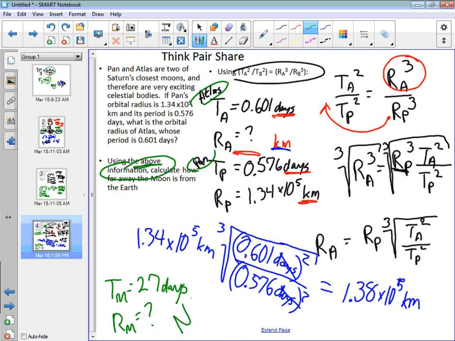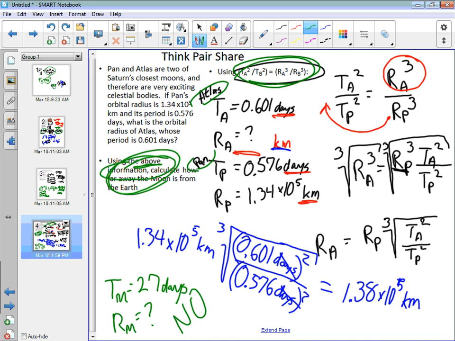No, absolutely not, because this ratio here, this one outlined in black and now also circled in green, only works if there are two satellite objects orbiting the same third object. In this case, Pan and Atlas are both orbiting Saturn. If we were talking about Earth and Mars, they would both be orbiting the Sun. But in this case, we're trying to figure out about the Earth and the Moon.